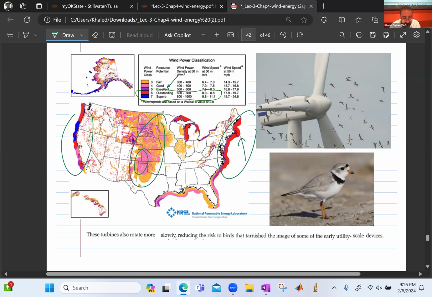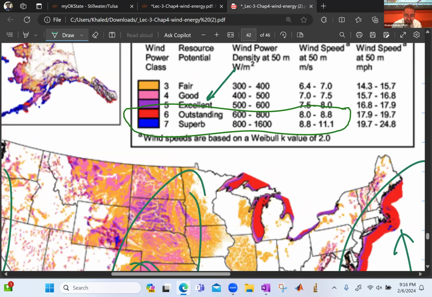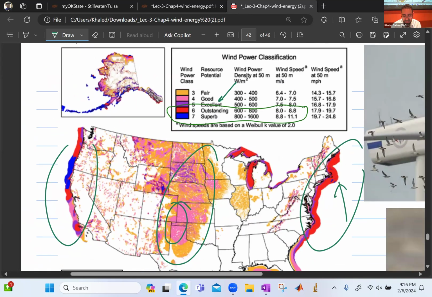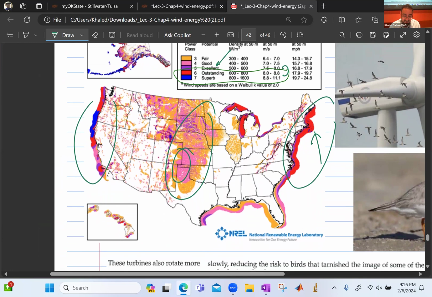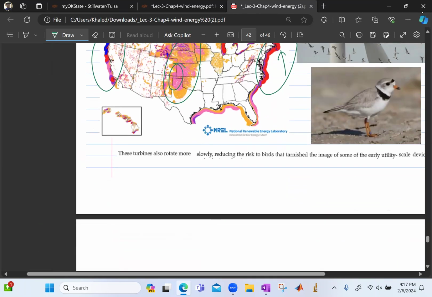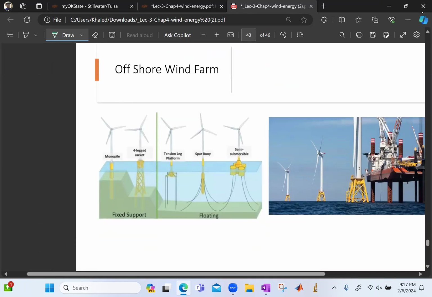You come here and it is outstanding and superb. You see the key over here? Completely different scale, right? And again, it's V cube. So if you go up 1 meter per second, it's a big deal. So there is a lot of potential in going offshore, right?